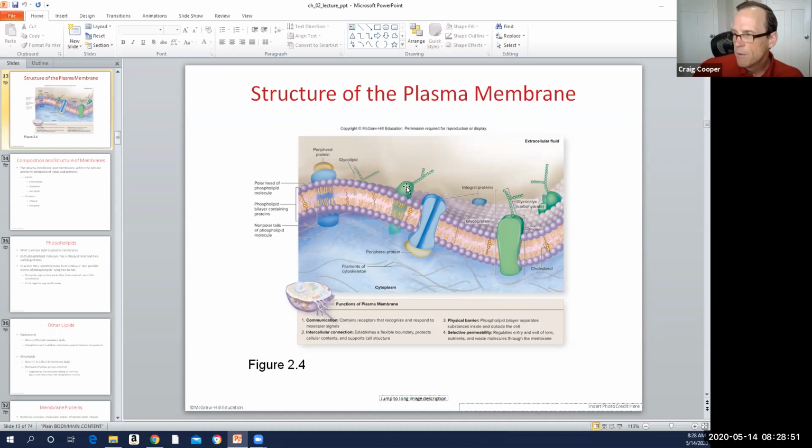We've got a ton of proteins that are going to be embedded in these cell walls too. And if you look at this one on the left side, we've got this peripheral protein outside, and then we have the whole blue part that's extending from the outside of the cell all the way into the inside of the cell. And so if a protein goes through the entire phospholipid membrane, it's considered to be an integral protein.